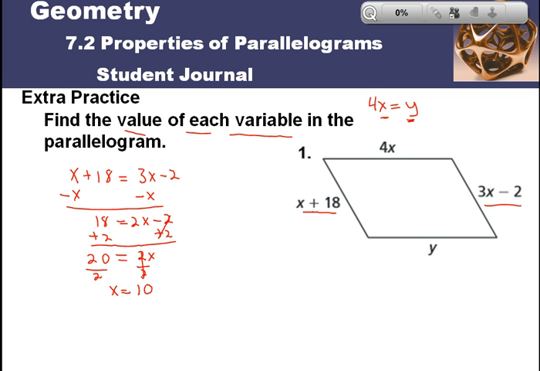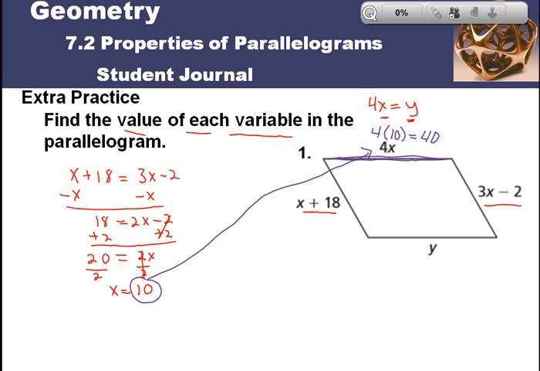So x is 10, and right there, x is 10. And I'm going to plug that in there for x. So I get 4 times x, but remember x is just 10. So now I know that this side is equal to 40 units.